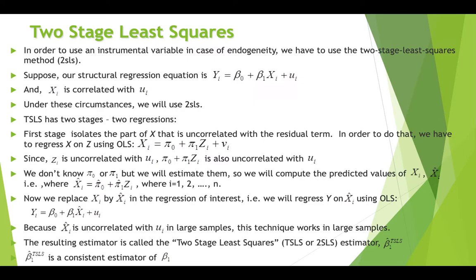So, we can find xi hat equal to pi 0 hat plus pi 1 hat Zi, and we then put this xi hat in place of xi in our original regression equation, that is, yi equal to beta 0 plus beta 1 xi hat plus ui. This is our second stage regression equation, and finally we can estimate it, and the estimator will be called beta 1 hat TSLS. This is the consistent estimator of beta 1.